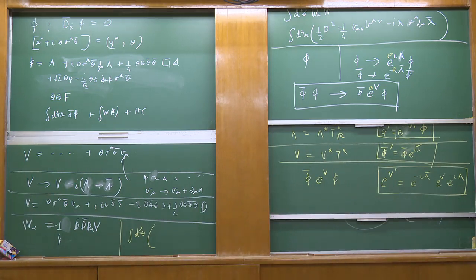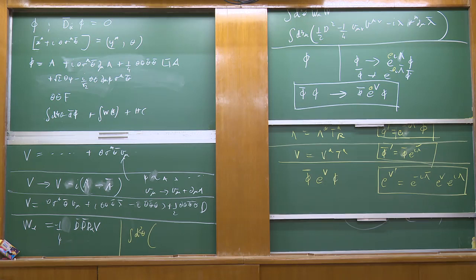Now, once again you can take that gauge transformation rule and expand it out. e to the power V prime is equal to 1 plus V prime plus V prime squared by 2, and so on. It's not a very complicated gauge transformation rule.